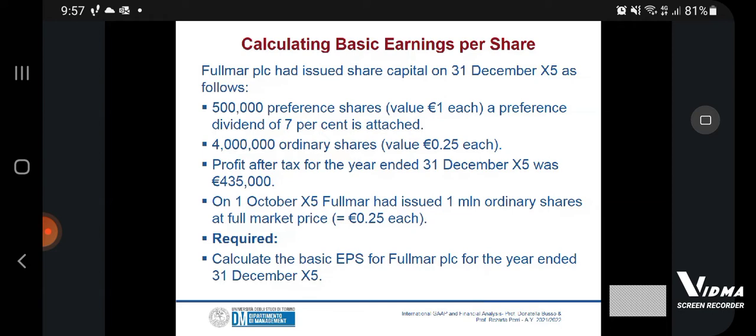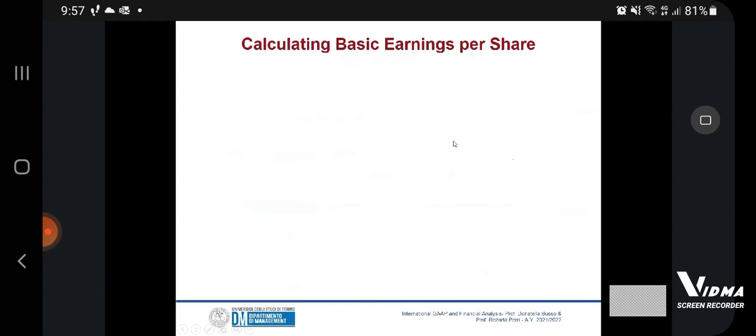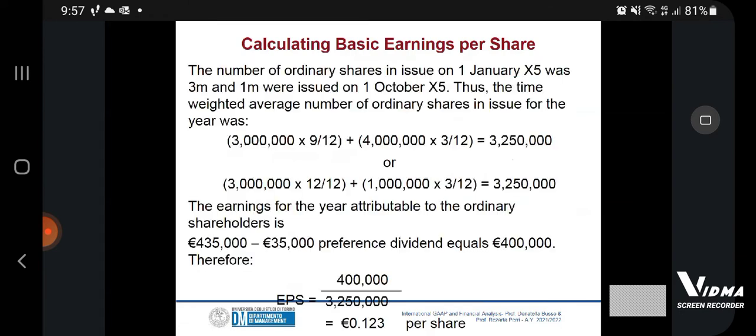How can we compute or calculate the weighted average? The first way is to consider how many issues we have in circulation or outstanding for the exact number of months. As I explained right now, we had 3 million shares for 9 months.